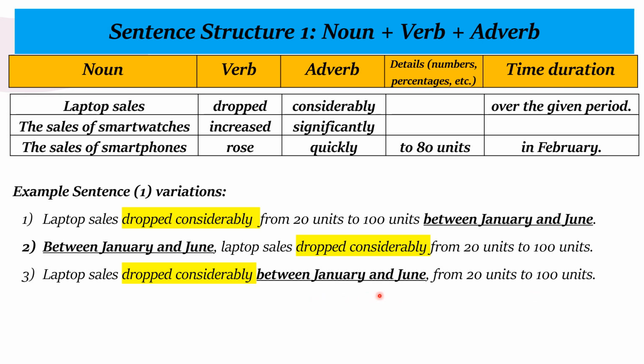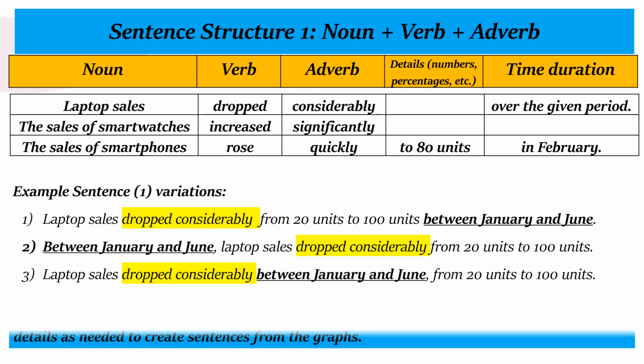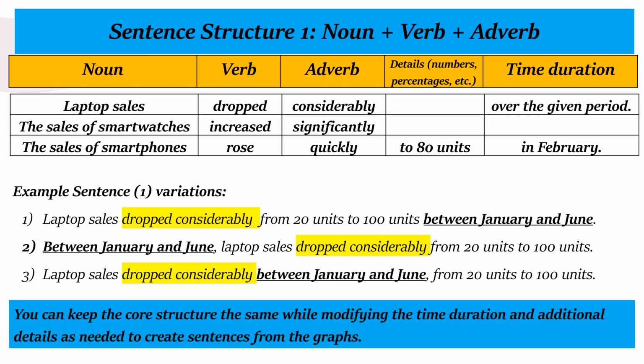Both a time phrase and a numerical phrase are used. A comma is needed before the numerical phrase to clearly separate the two modifying elements. You can keep the core structure the same while modifying the time duration and additional details as needed to create sentences from the graphs.